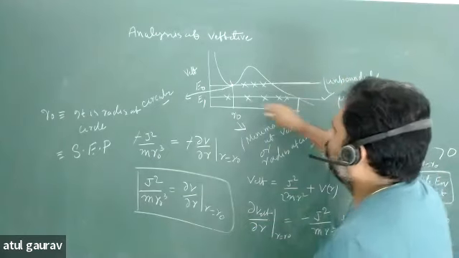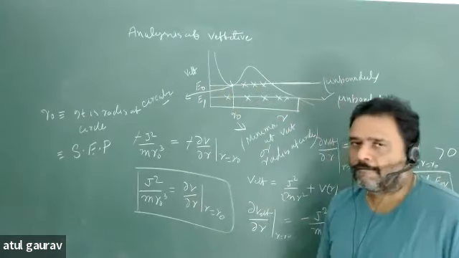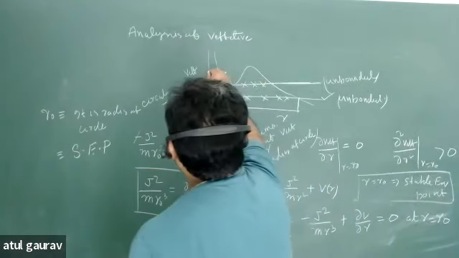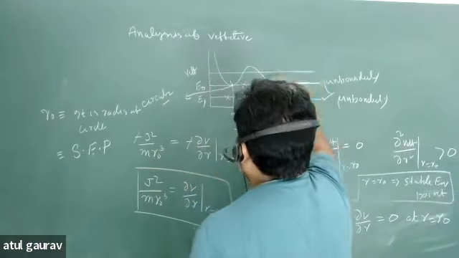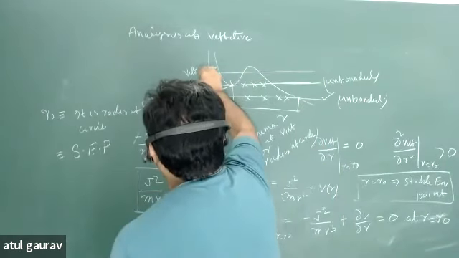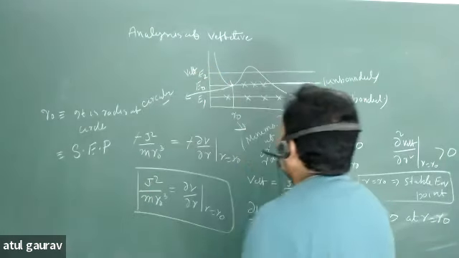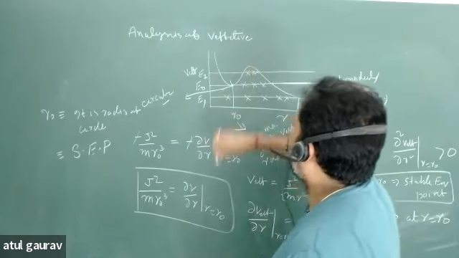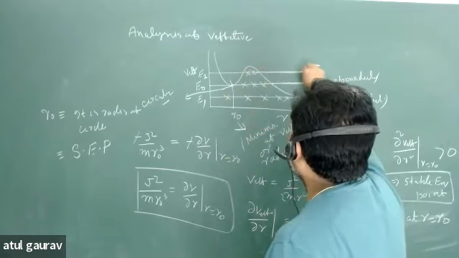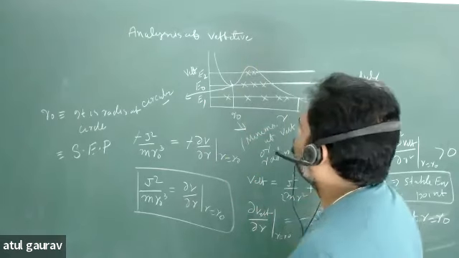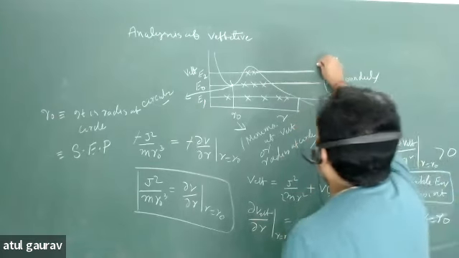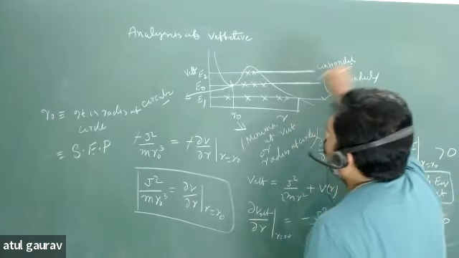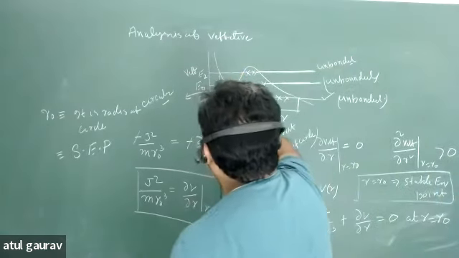So this E naught is very interesting. Let's go for another level of energy, let's say this is E2. Now this is your forbidden region. There is no problem. Is this region bounded or unbounded? Unbounded. Very good. And what about these two points?